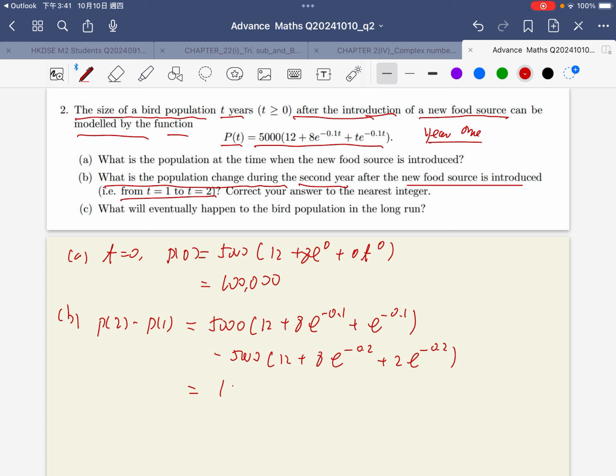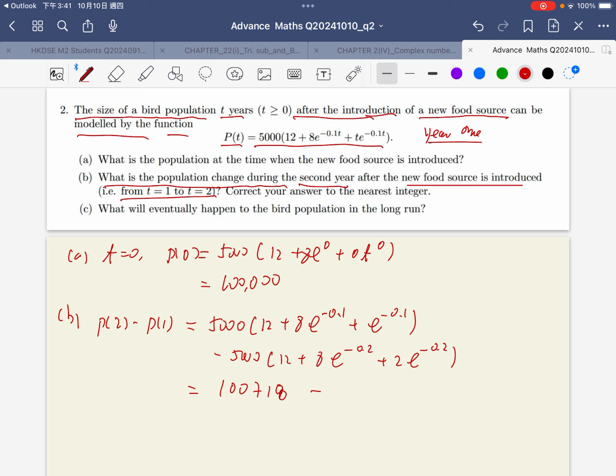For the first part, I calculate and correct to integer only. And for the second part, okay, let me see. I have to calculate it carefully.